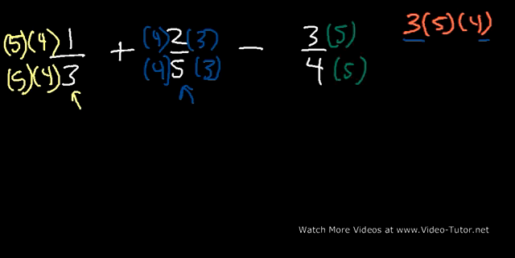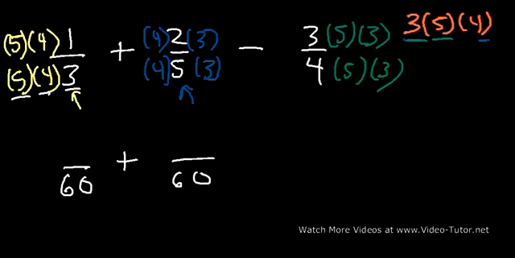We have a 4 already, but we're missing a 3. The goal is to make sure that the denominator of every fraction is identical. So 5 times 4 is 20, and 20 times 3 is 60. Every fraction will have the same denominator, and that is 60.